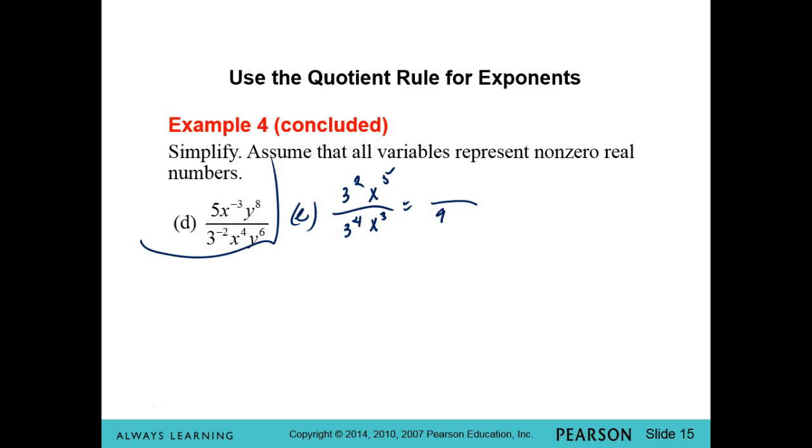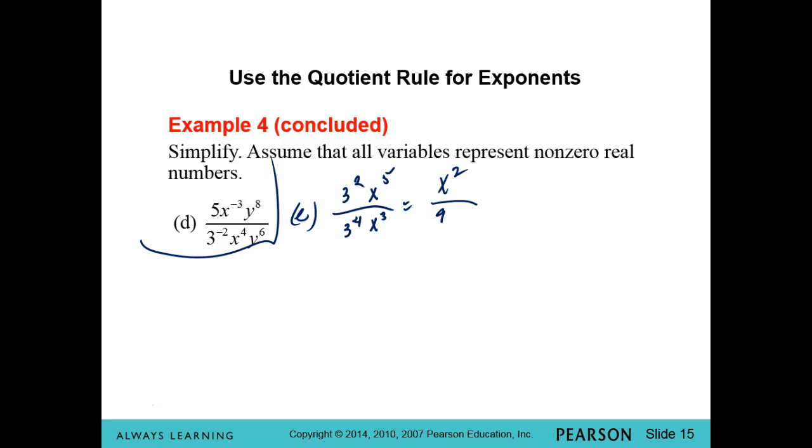But what do we have in the numerator? X to the 5th divided by x cubed. What would that be? X squared. There's your answer right there. X squared over 9. Okay? All right. Or x squared over 9, or 3 squared. All right.